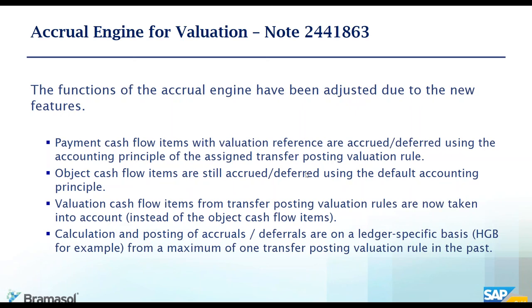So what we have done is extend our standard accrual deferral functionality that's been in real estate for many years to be able to say, based on each accrual type, here are the GAAP versions that this is applicable for. And the solution will then generate the accruals and deferrals for you when you run the accrual programs.